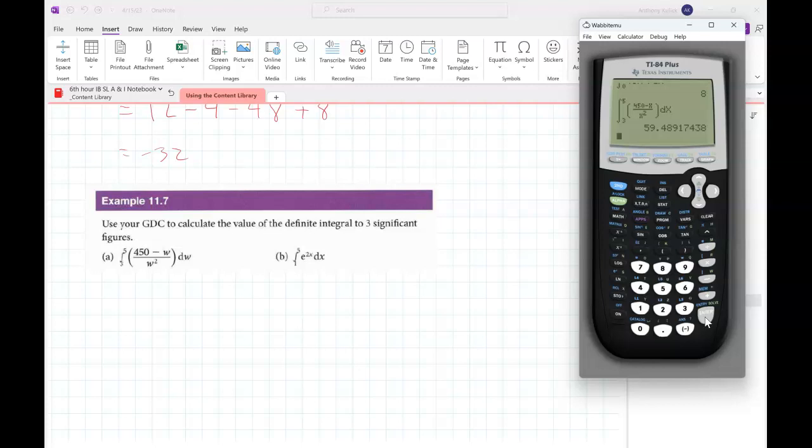That can happen. Because in fact, the integral of that involves a logarithm. That's why you're getting the kooky decimal. You would never need to know that for the IB exam. But that's all it is. So rounded to 3 sig figs would be 59.5, right? And that's no big deal.